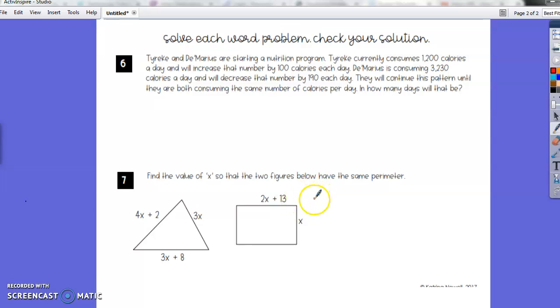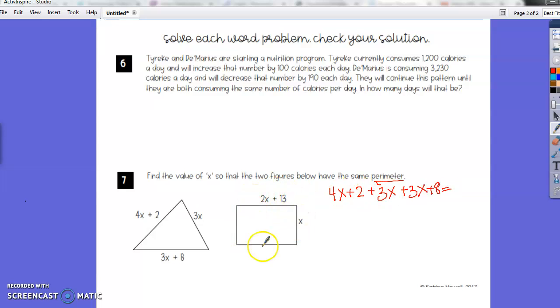All right, so now looking at our last example for today. Find the value of x so that the two figures below have the same perimeter. So first thing we need to remember is that perimeter is the distance around. So the perimeter for the triangle is going to be 4x plus 2 plus 3x plus 3x plus 8.